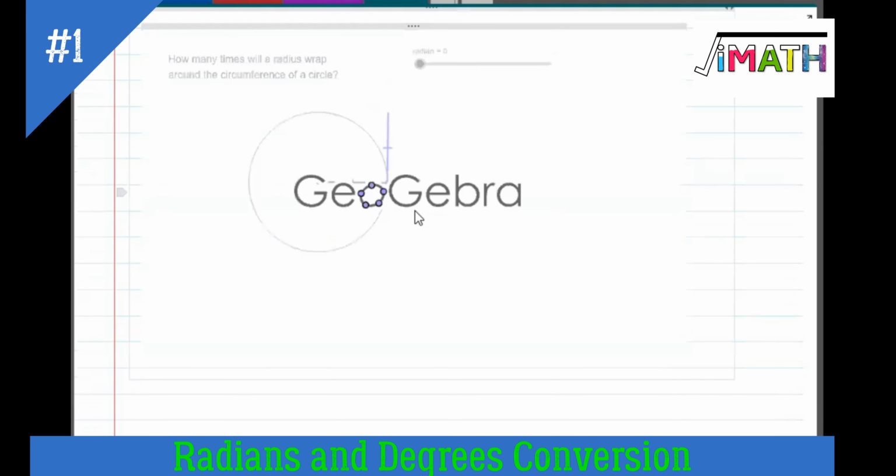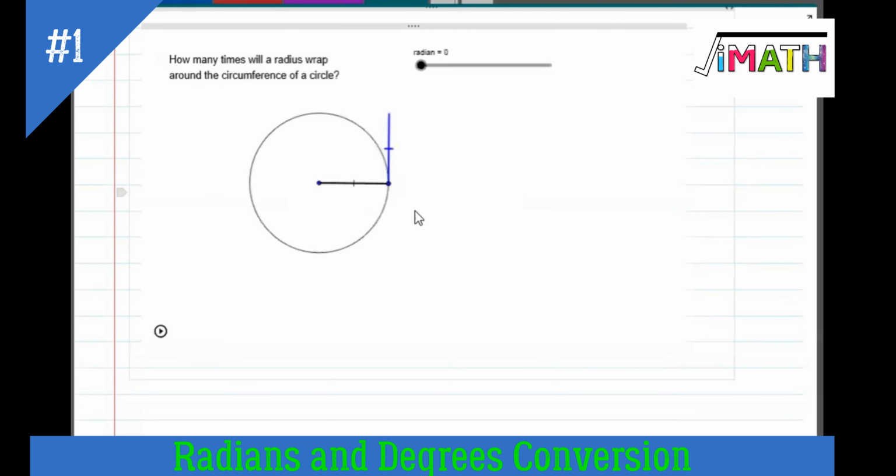So let's see what is a radian. Radian is related to the radius. Let's see here.